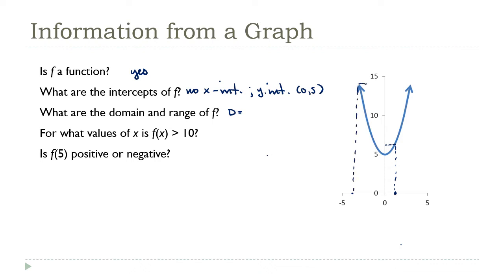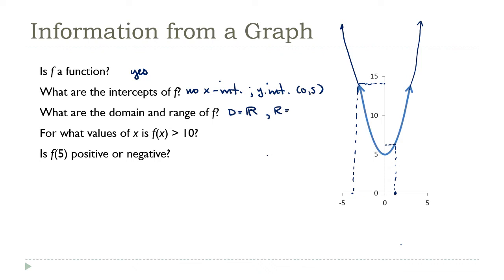There is a y value associated with it. And because of these arrows here, the graph keeps going up and over indefinitely. So I can do that with any x value. I can pick any number on the x-axis, start going up, and eventually I'm going to hit the graph. So my domain is all real numbers.